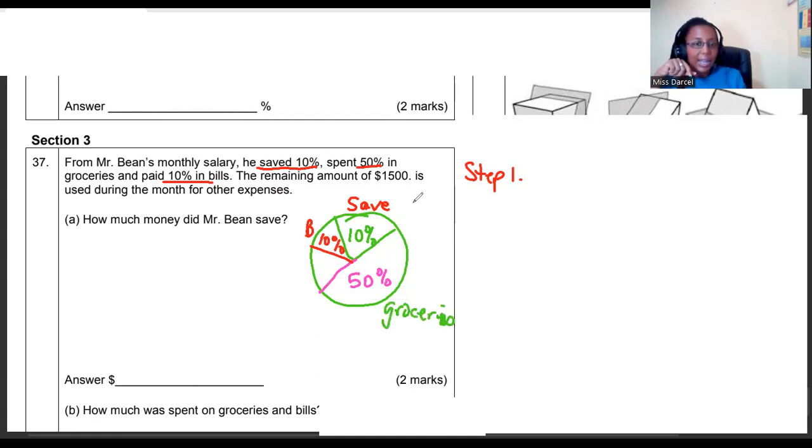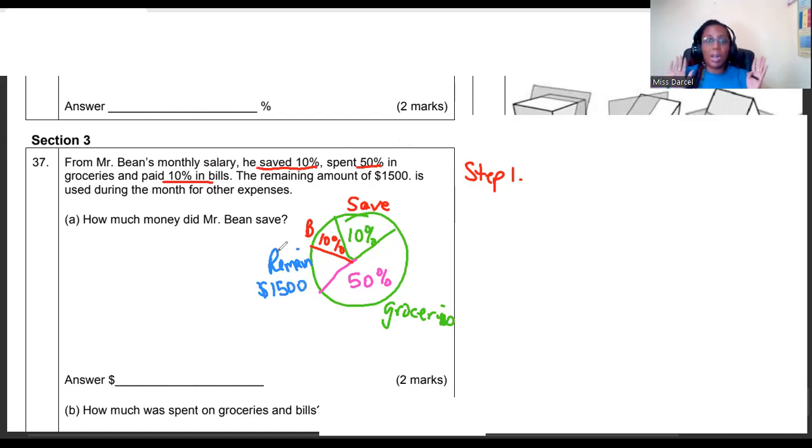Then we have the remaining amount, which is not in percentage, but in dollars. But that's okay. Don't let that trick you up. We'll figure out how much percent that is. So let's call that remaining, and that is the $1,500.